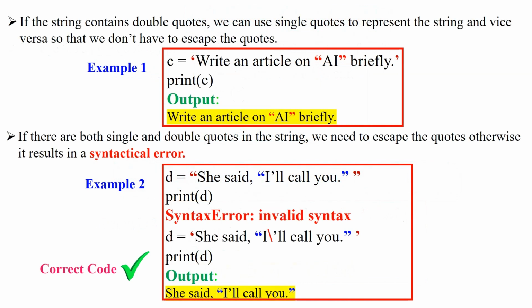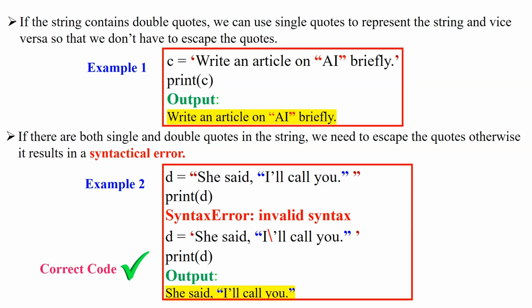If the string contains double quotes, we can use single quotes to represent the string and vice versa so that we don't have to escape the quotes. Example 1. In this code, a string is assigned to the variable c. The string is enclosed in single quotation marks and contains the text 'Write an article on "AI" briefly.'